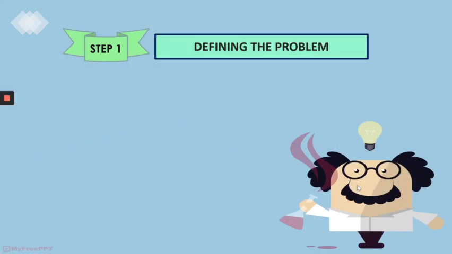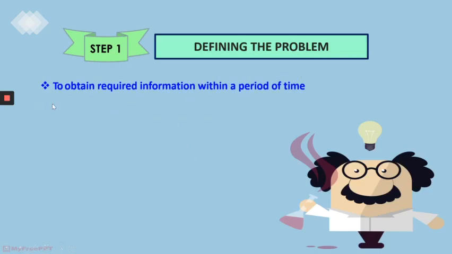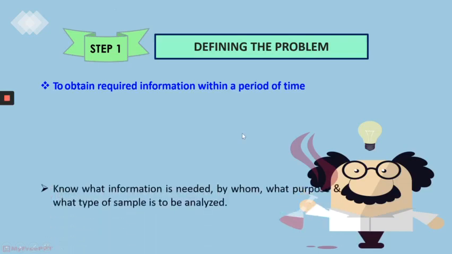Okay, now look at defining the problem, step 1. Just now we discussed the factors to be considered. So what should you do? In order to define the problem, actually it is to obtain the required information within a period of time.